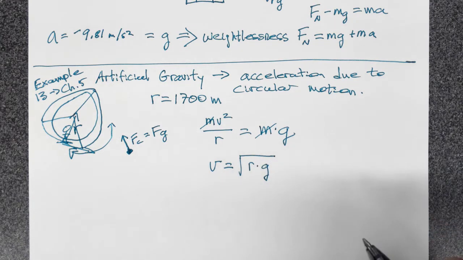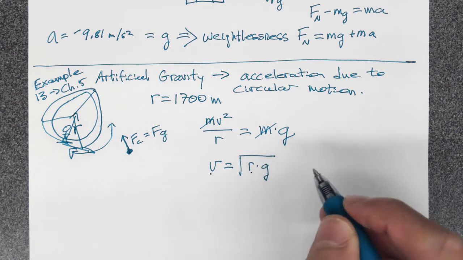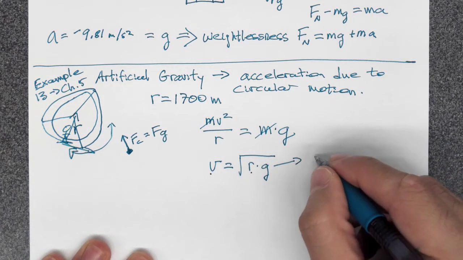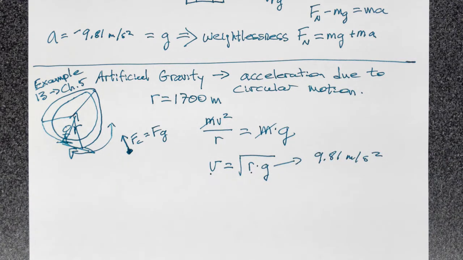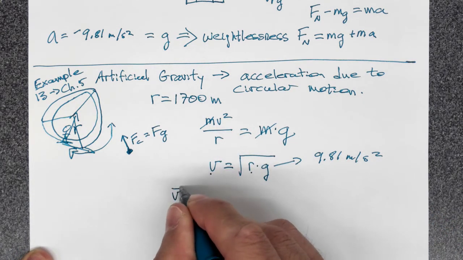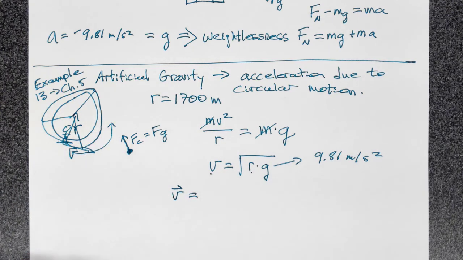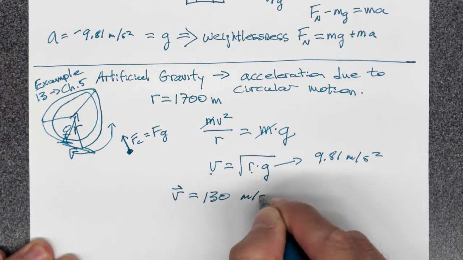At a certain radius, we know our gravity should be 9.81 meters per second squared. We can actually get how fast you need to go in order to accelerate at that rate. So given our 1700 meters and 9.81, the speed this person would have to spin around on this kind of spacecraft-looking thing would be around 130 meters per second.